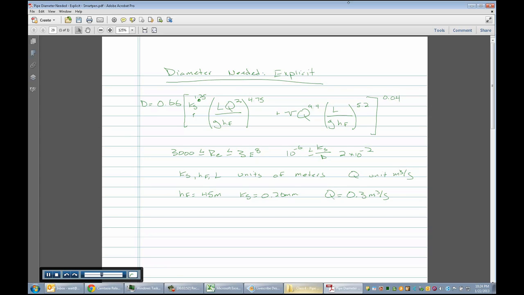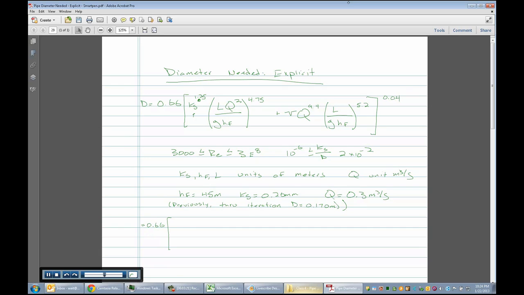Remember from that previous example, through iteration we had a diameter of 0.170 meters. So let's see how good this one is. And really it's how good are we at not screwing up the calculations along the way.